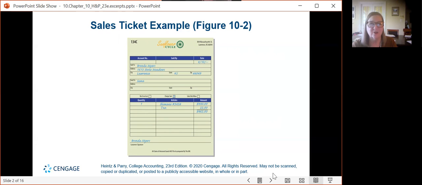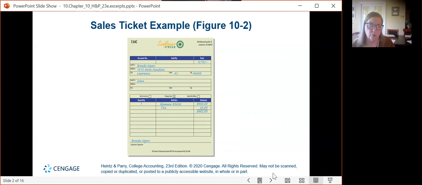The sales ticket has all the same information as a sales invoice, but normally this one is used when you're selling to the customer because it's the one that has the sales tax on it. Sorry. But a lot of times, rather than using a sales ticket, you'll use a computerized sales record, or another name for that would be a cash register summary. If you are a small business, you might have a cash register that prints out a totals figure at the end of the day, and that would be what you use to record your sales that day.